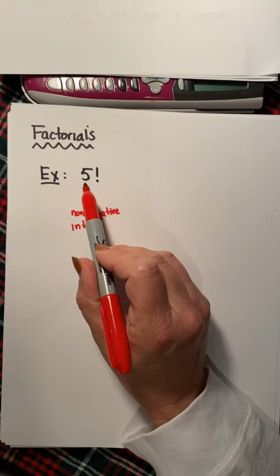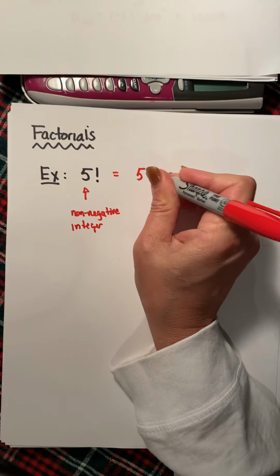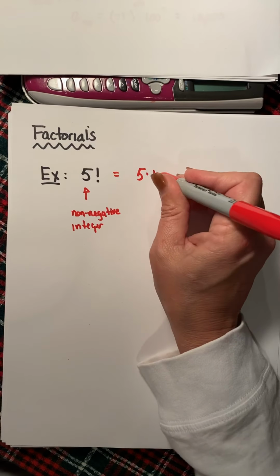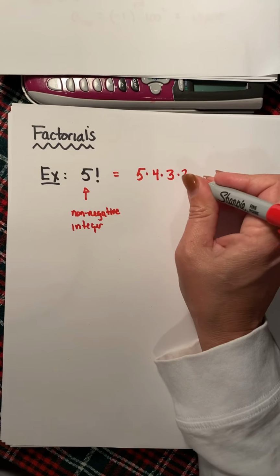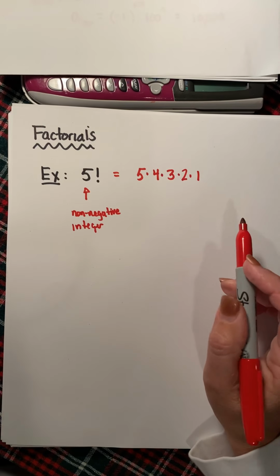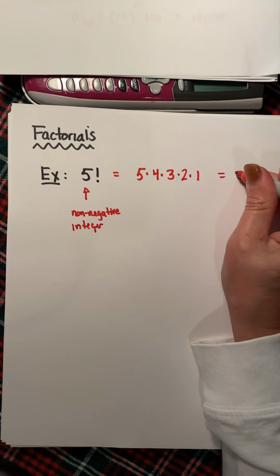So you have to start with a non-negative integer, and for 5 factorial, whatever this integer is, you take that number and you multiply it times all the non-negative integers that fall below it. So 5 factorial means 5 times 4 times 3 times 2 times 1. So that's 120.